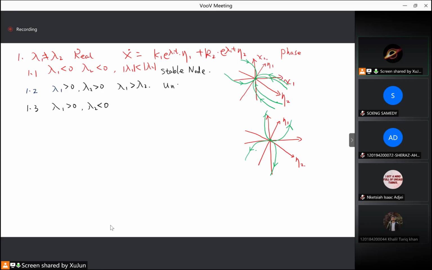This is an unstable node. And for this case, we call it saddle. The saddle is unstable.